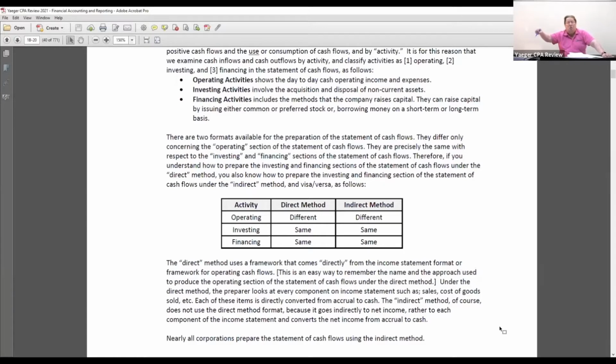And the other method is called the direct method. Under the indirect method and the direct method, remember, the only section that is different is the operating activities. What do we do on the direct method?